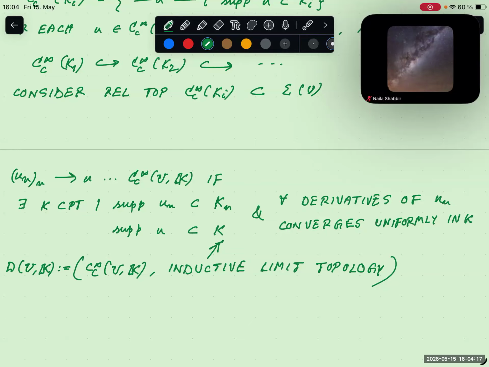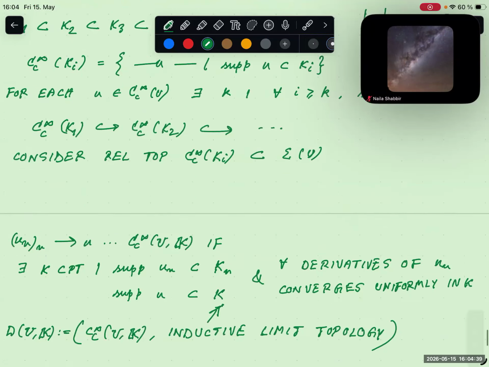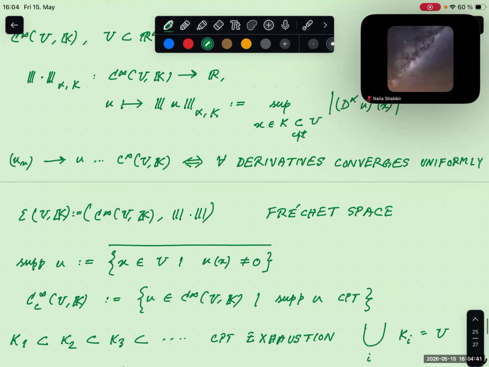So I give you time to think. There is a question: does the Fréchet space algebra form a differentiable graded manifold? I mean, there is a topological property, right? Not in general. So there is something called a Fréchet manifold. These are infinite dimensional spaces.